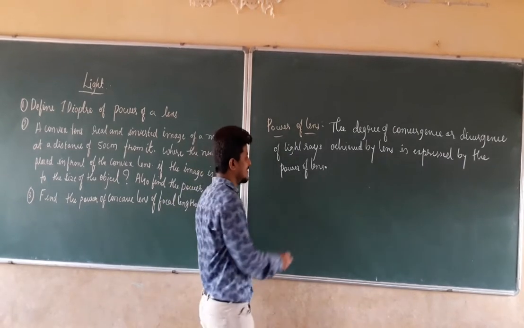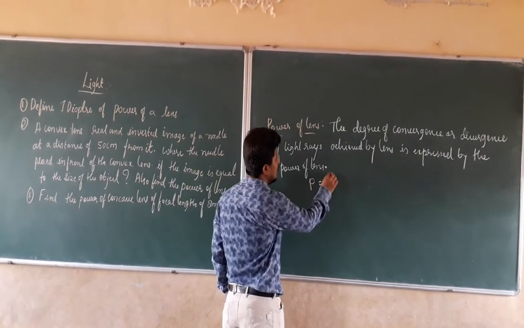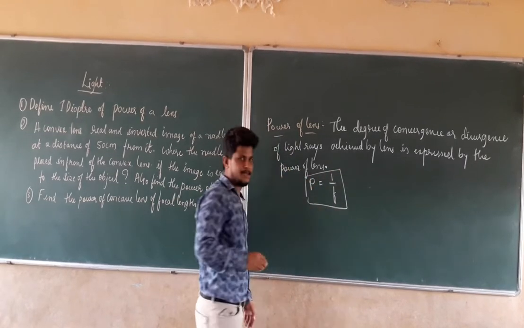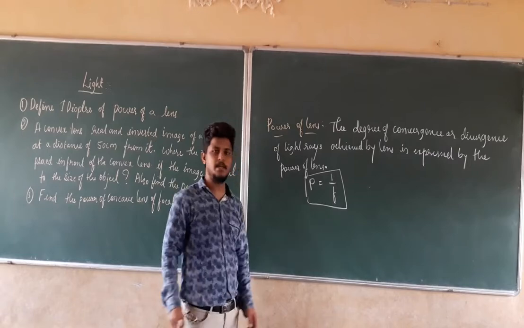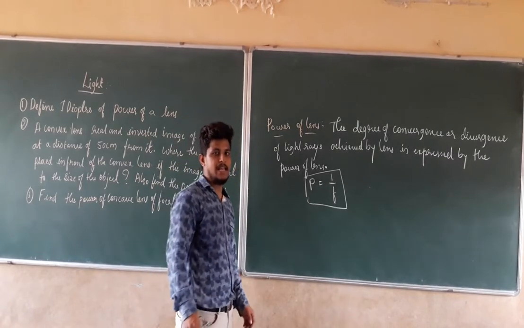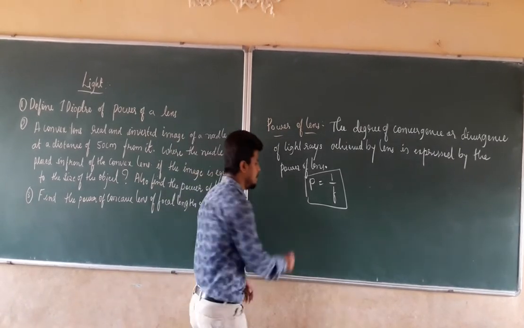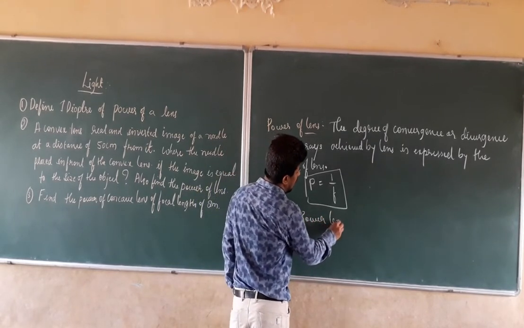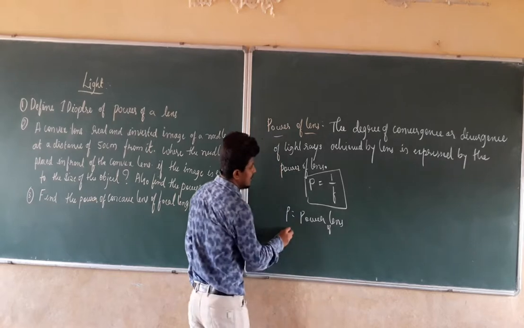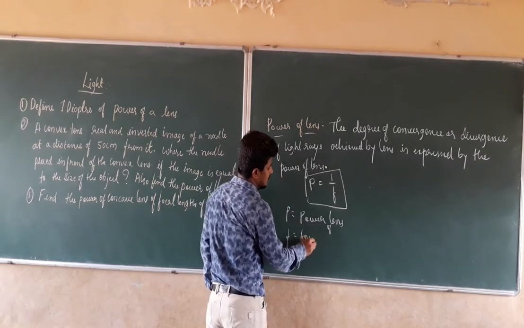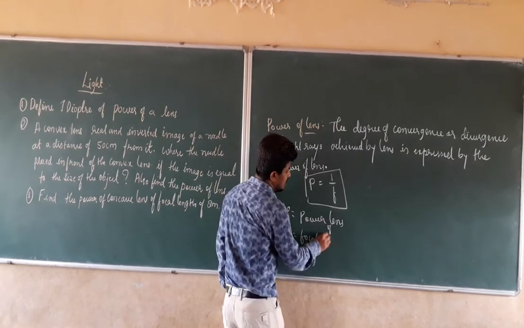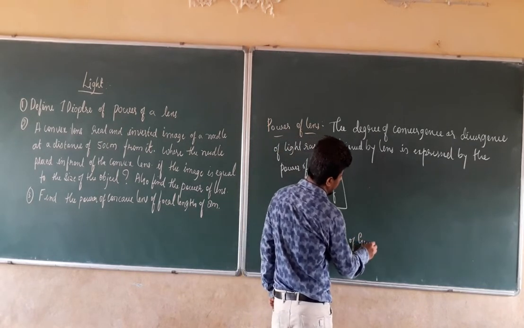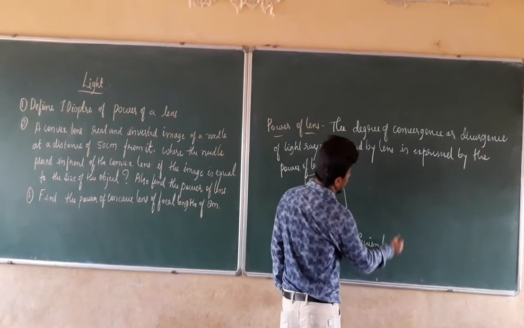So the power of the lens can be given as P equal to 1 divided by F. Power of the lens can be expressed by this formula, P equal to 1 by F, where P is the power of the lens, and F is the focal length of the given lens.